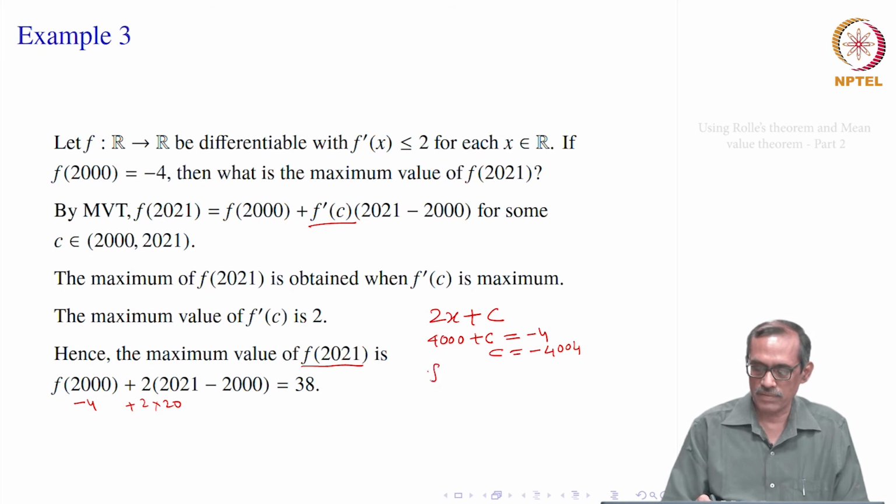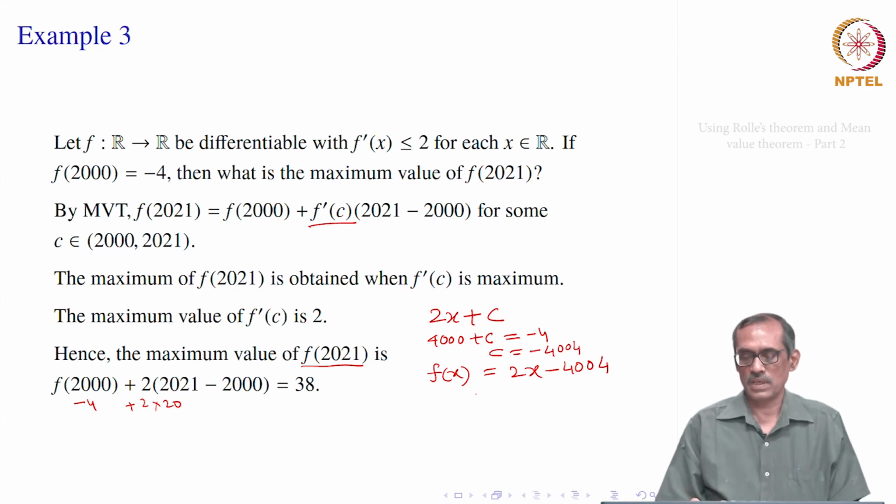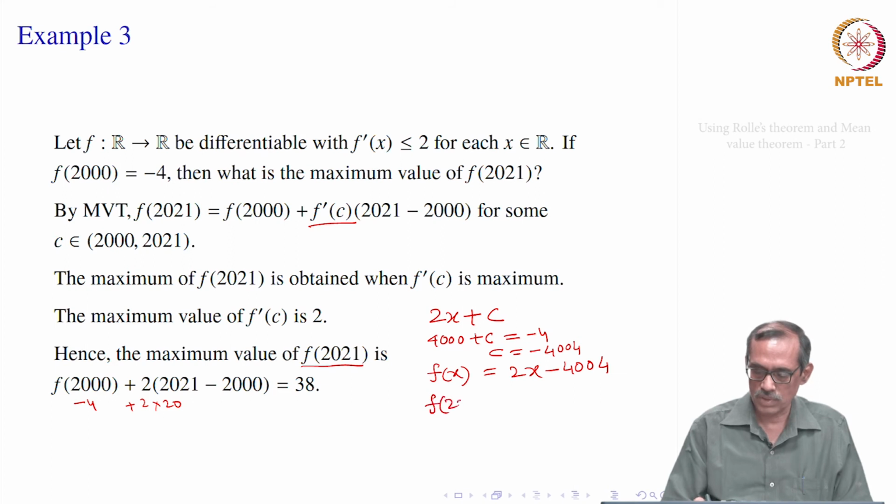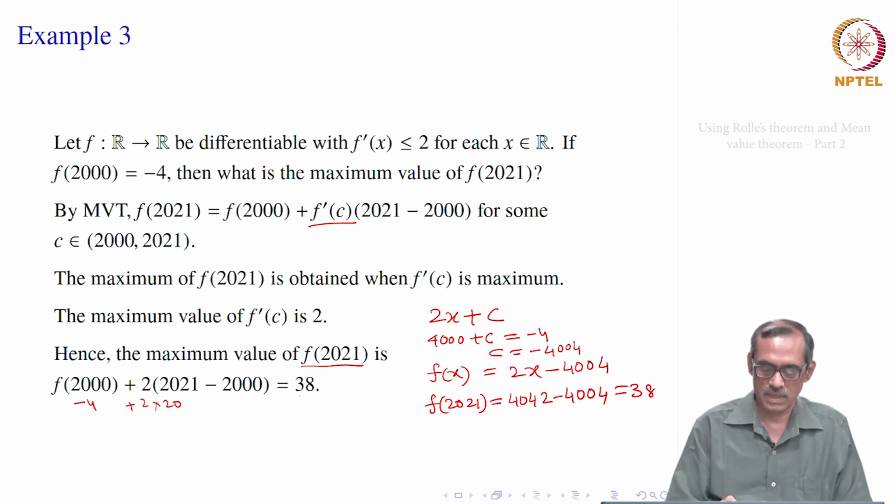That means we can take the function f of x equal to 2x minus 4004. Now, you see it satisfies all the conditions: f prime x equals 2, and f at 2000 is minus 4. Now, if I take f of 2021, I would get 4042 minus 4004, which gives 38. So, exactly 38 you are getting.